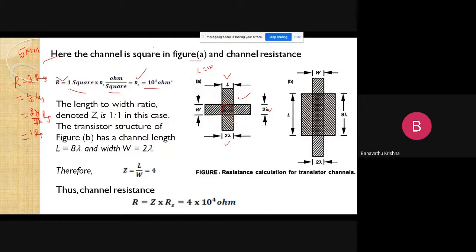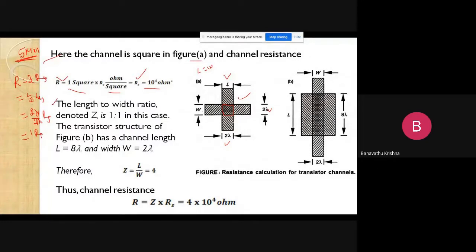So R equals 1 square into Rs ohms per square, which is just Rs. For 5 micrometer technology, Rs is 10 to the power of 4 ohms, so the resistance of this gate channel or N transistor channel is 10 to the power of 4 ohms.